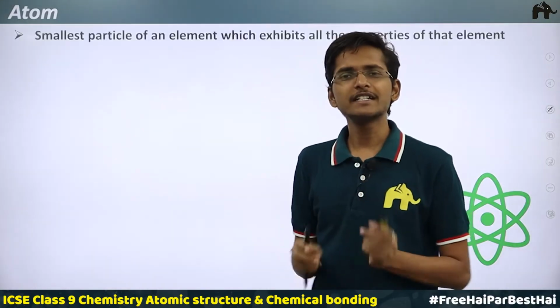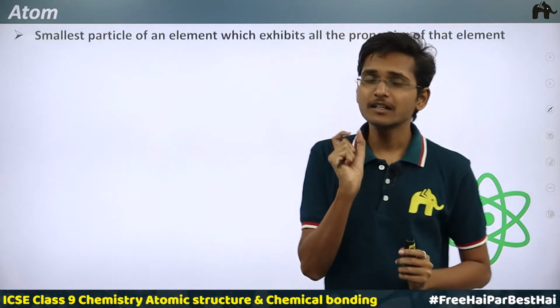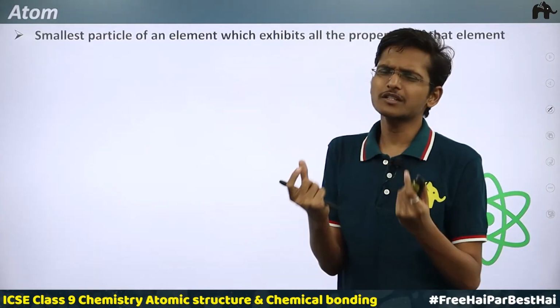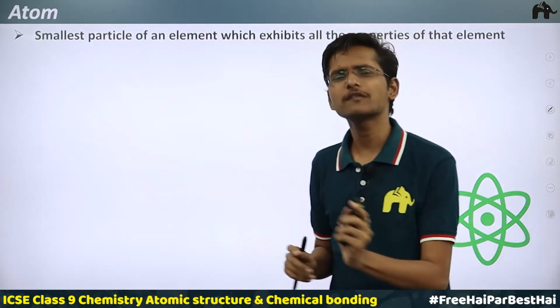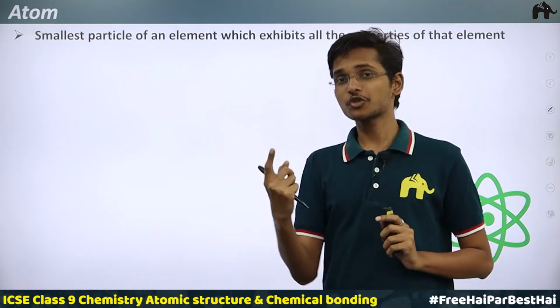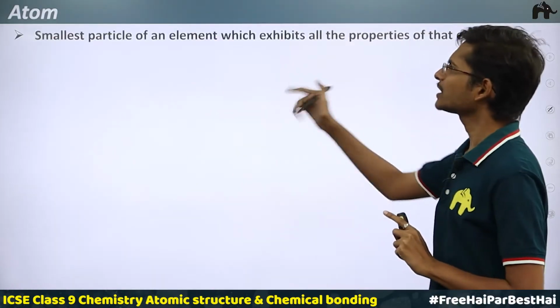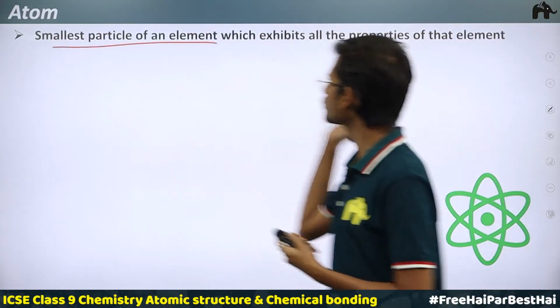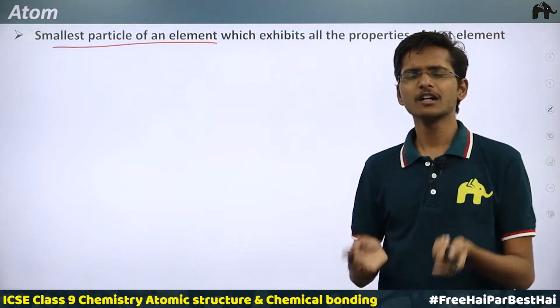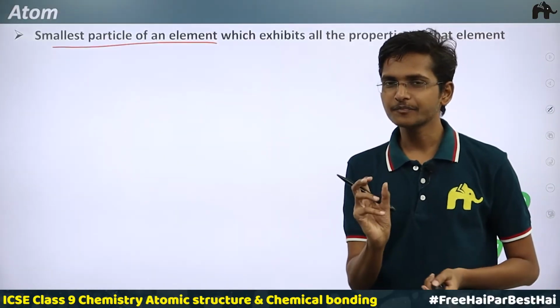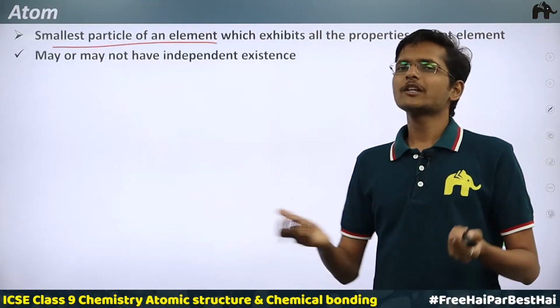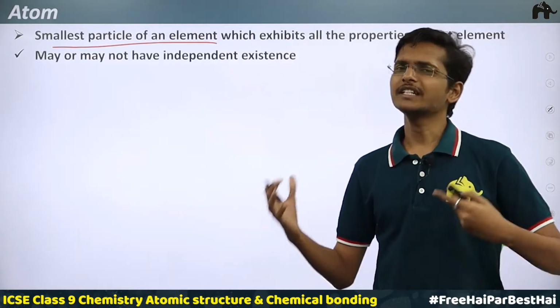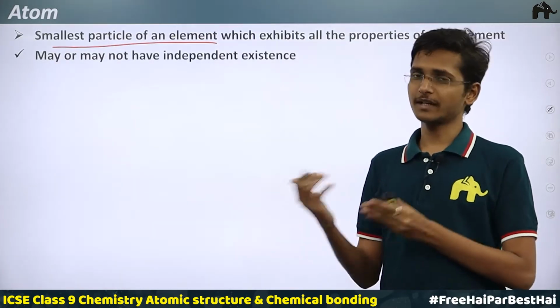We all know it is the smallest particle, or smallest fundamental particle we can say, of an element, which shows all the properties of that element. And we also know that this atom may or may not exist independently. For some elements it exists independently, for some elements it doesn't.